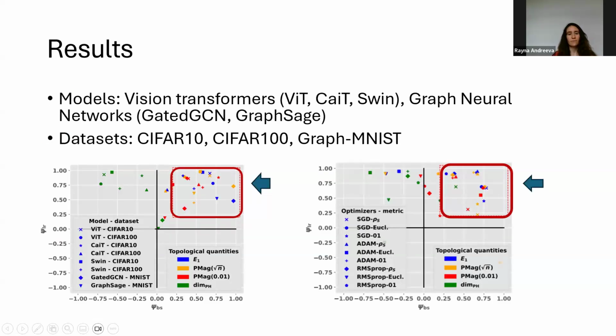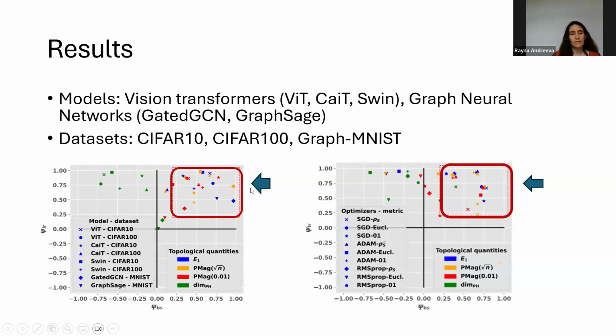So let's look at some results. What we did here is we scaled to models with millions of parameters, like vision transformers. And we didn't only restrict ourselves to the image domain, we also explored what happens when you use graph neural networks. So in the plot on the left, on the X and Y axis, we have granulated Kendall coefficients, which are a way to measure generalization in a robust way.